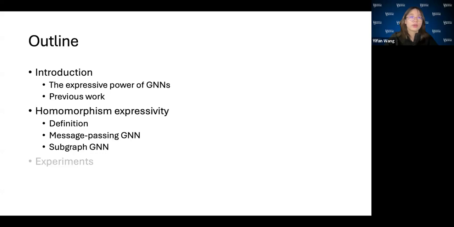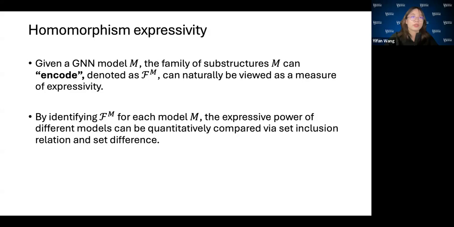Now let's turn our attention to the core concept of this paper, homomorphism expressivity. Given a graph neural network model M, the family of substructures that M can encode, denoted as F_M, can naturally be viewed as a measure of expressivity.